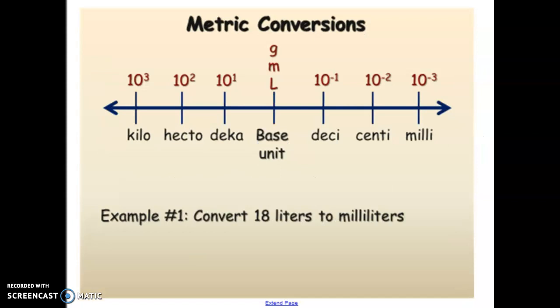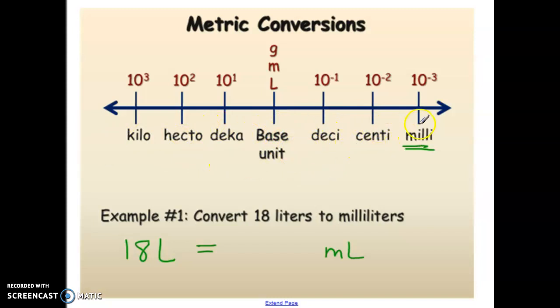Okay, so let's take a look at how we would go about doing this. We are going to do some examples together, and then I'll have you try some out on your own. So here we're going to convert 18 liters into milliliters. Liters is a base unit, and we want to go to milli. So what we would be doing is essentially looking at this track here to help you.